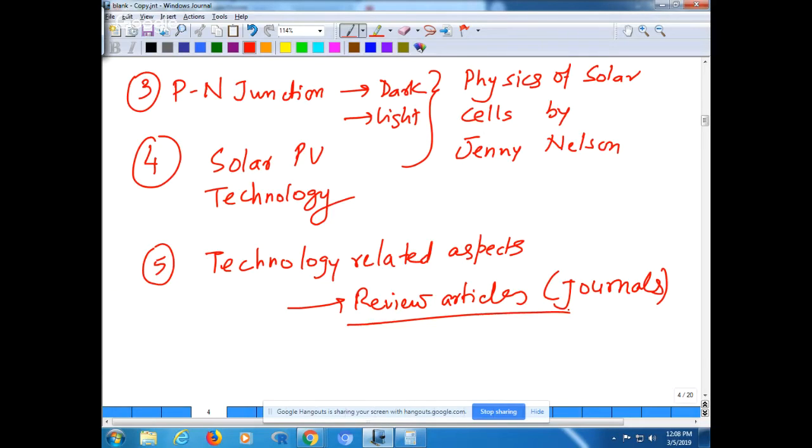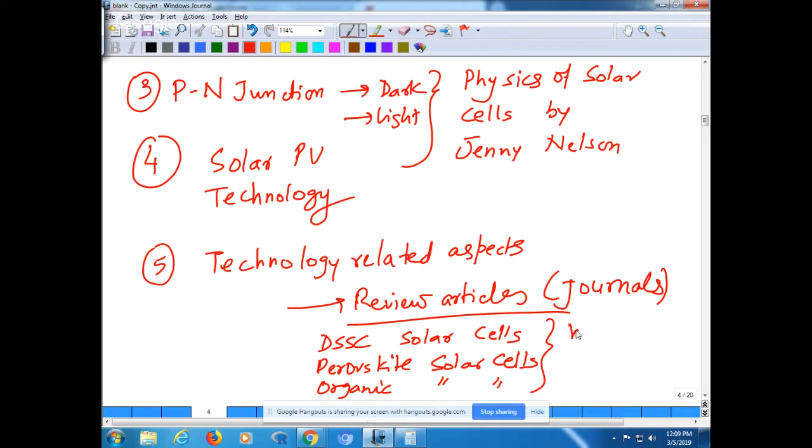If you want specific review articles, for example, dye-sensitized solar cells, especially for dye-sensitized, perovskite and organic solar cells, I would suggest you go to Wikipedia and then go to journals and reviews. So there are a lot of reviews available. Some of them are open access as well, which can be accessed very easily by all of you.